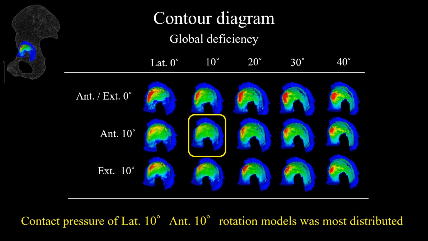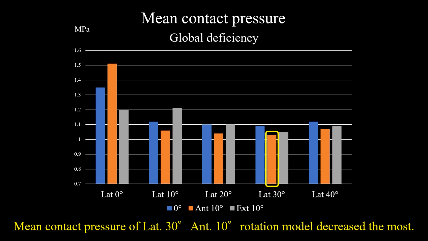This is the contact diagrams of global deficiency. Contact pressure of lateral 10 degrees anterior 10 degrees rotation models was the most distributed. This is the mean contact pressure of global deficiency. Mean contact pressure of lateral 30 degrees anterior 10 degrees rotation model decreased the most.